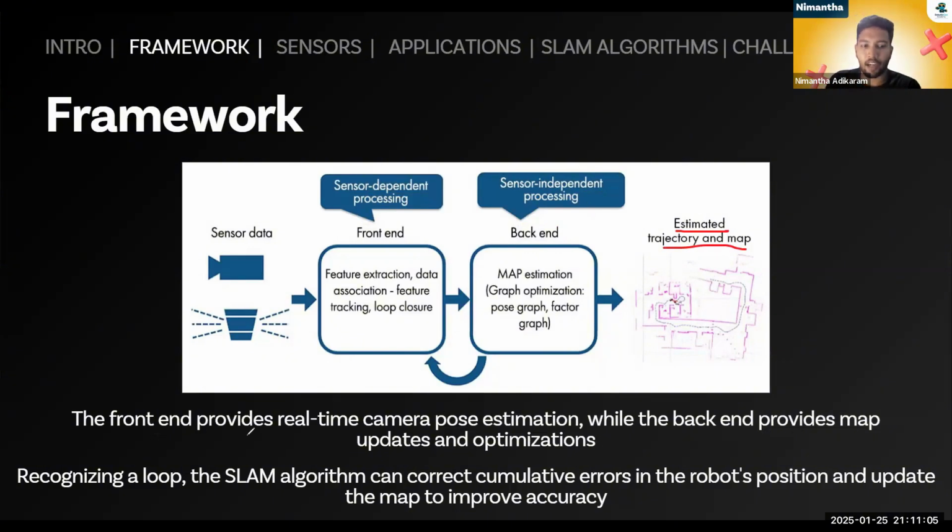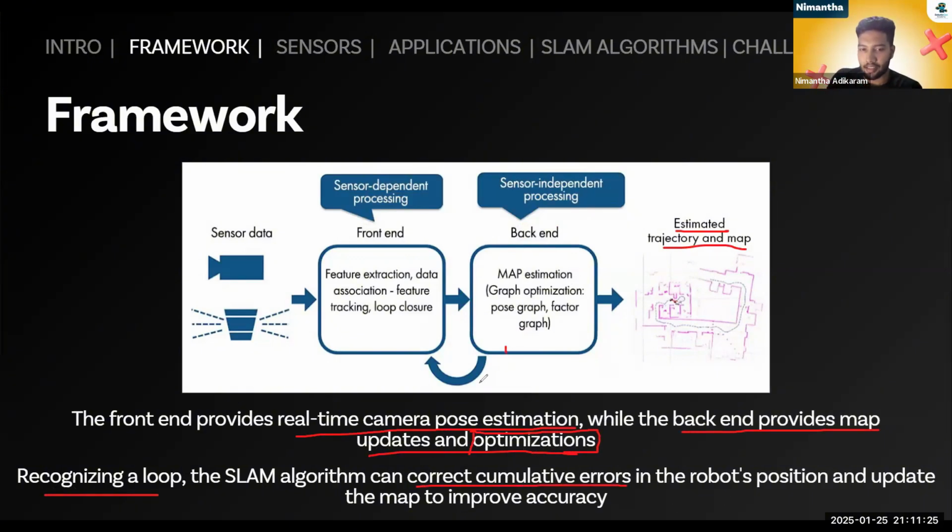The front end provides real-time camera pose estimation, while the backend provides the map updates and optimization. The optimization part is done by the backend. Recognizing a loop in a SLAM algorithm can correct cumulative errors.